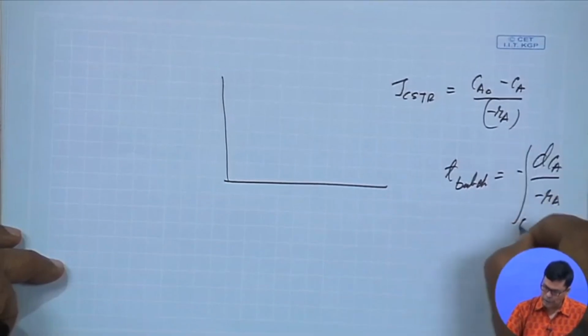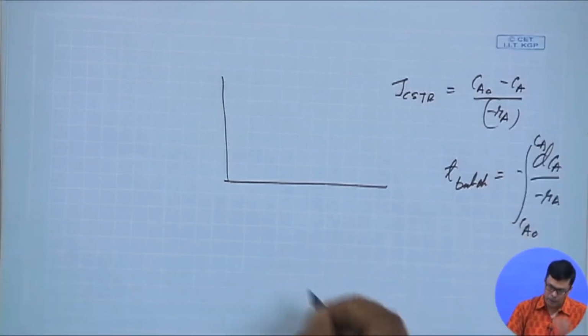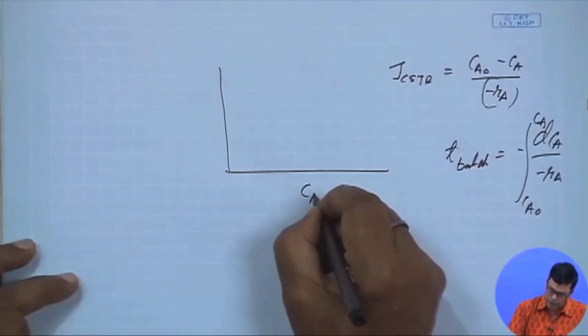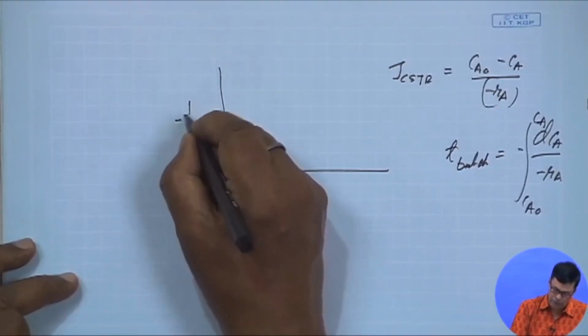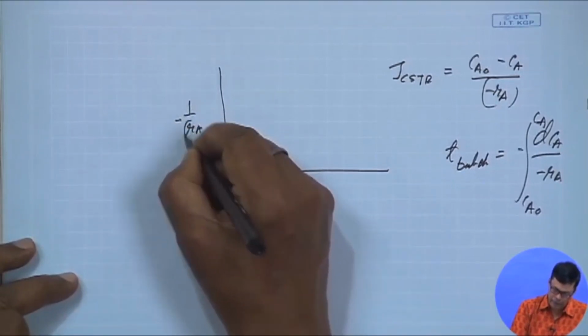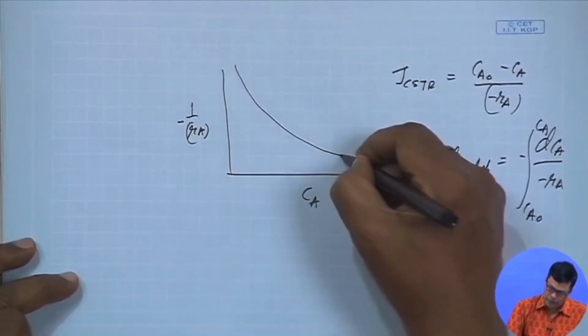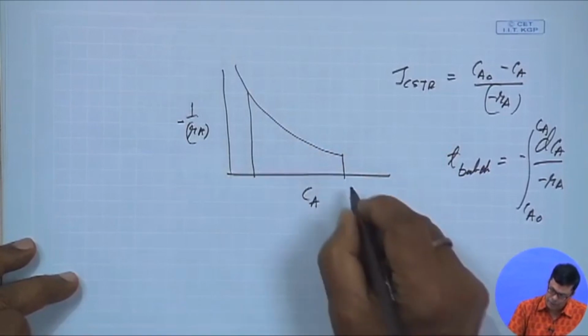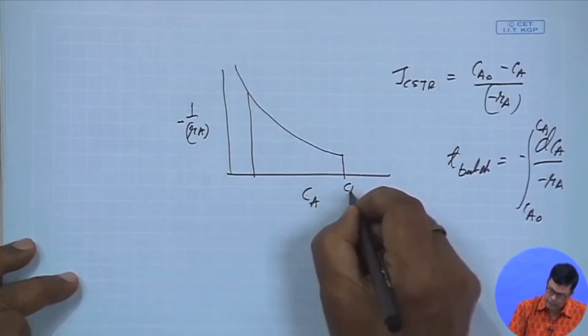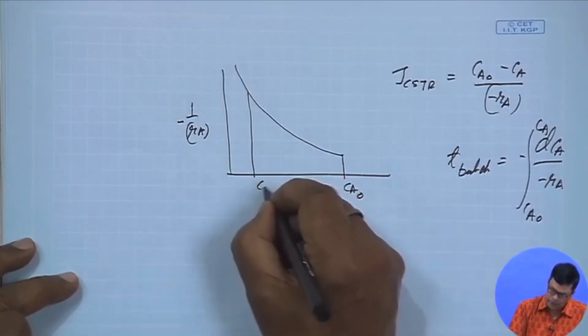This is equal to Ca0 into... Now here suppose this is Ca and this is minus 1 by Ra. You have this kind of plot. Now in case of the CSTR system, this will be the Ca0 and this is the Ca.